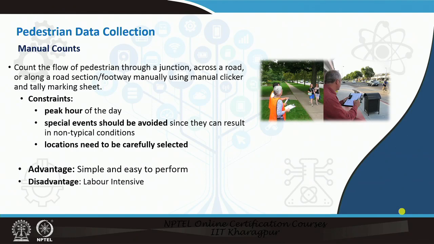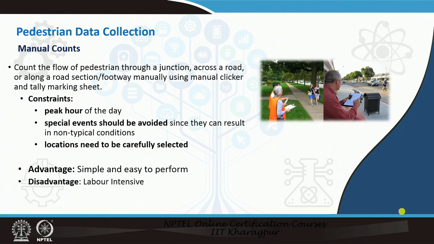So, when it comes to collecting pedestrian data, you can do it in various ways. The first, most common way is manual counts, but this is effective only when you have a facility that has very few pedestrians.